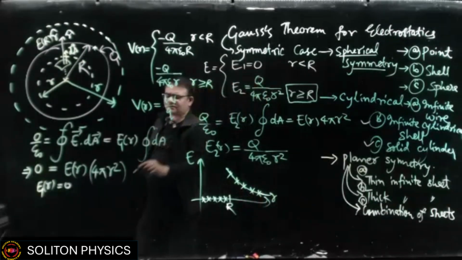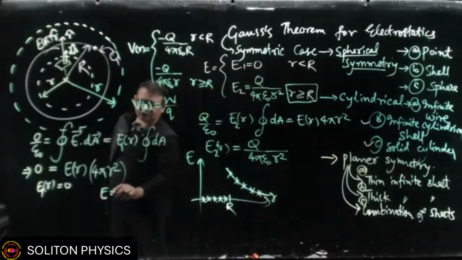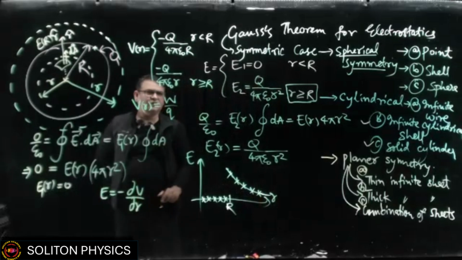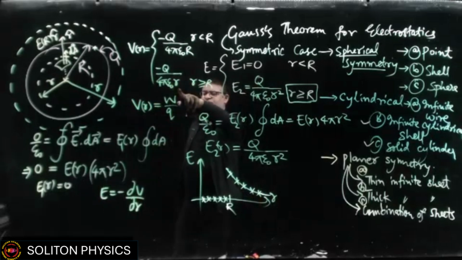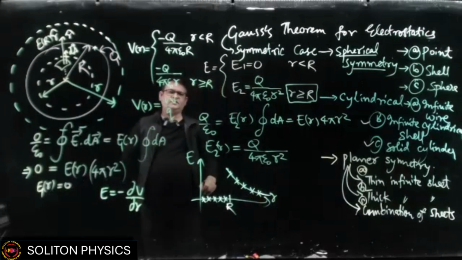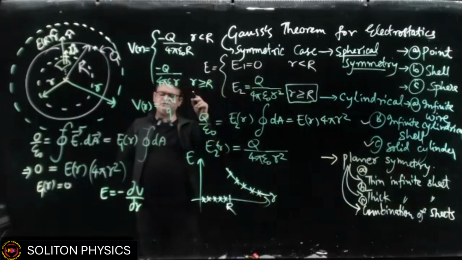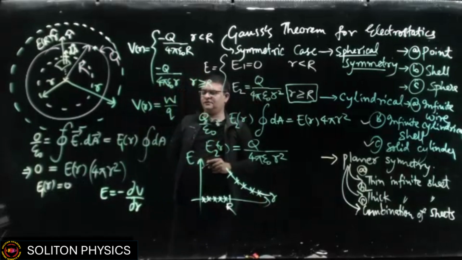Okay, there is another relation, E is equal to minus dV by dr. So if you take the derivative of this, this is r to the power minus 1, so you will get this.